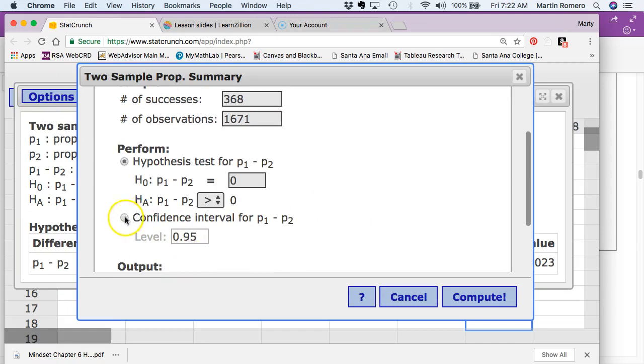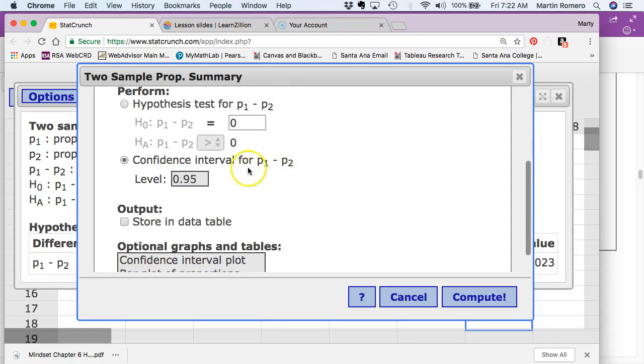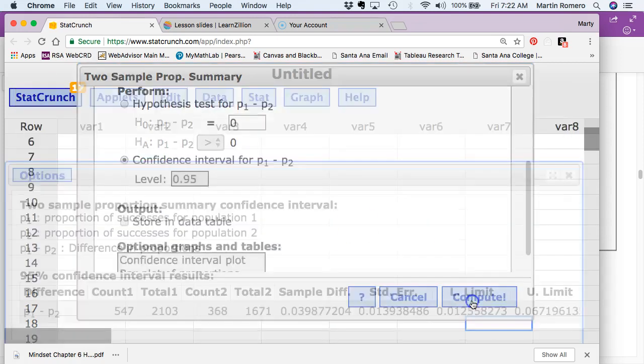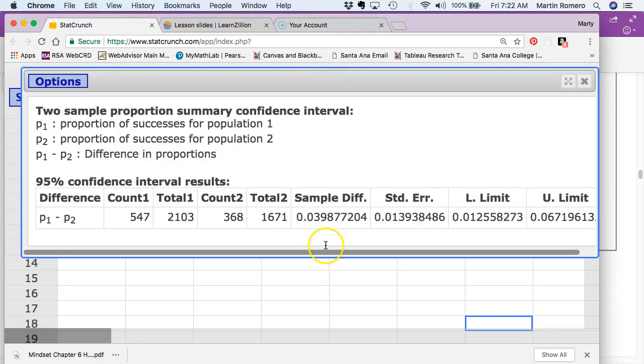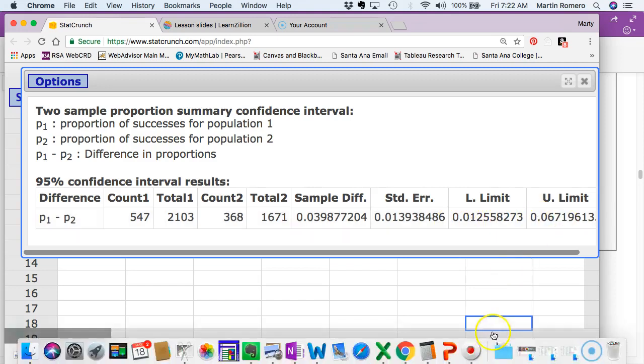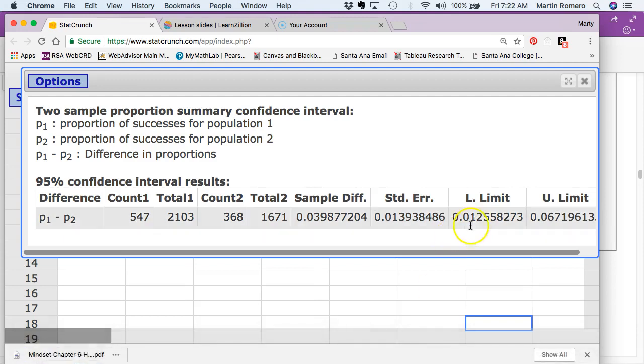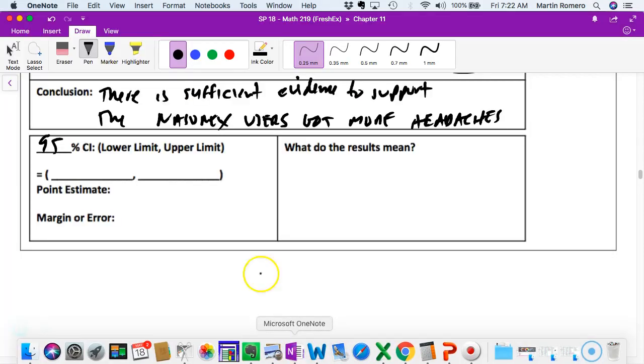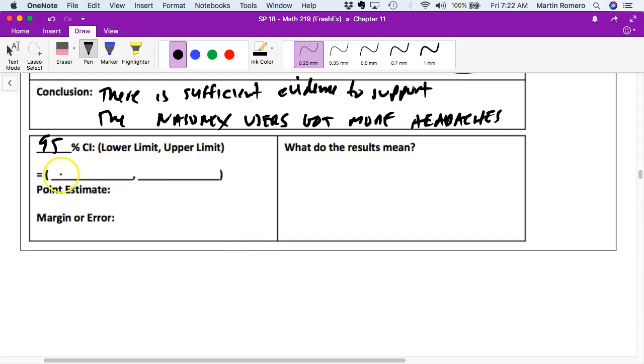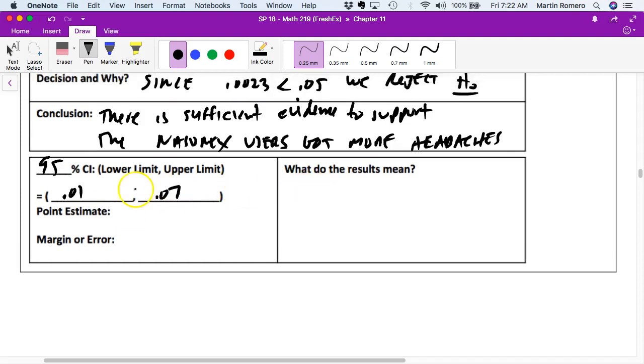Let's run a 95% confidence, comparing the two proportions, compute. That's it. And we get 0.01 to 0.07, just rounded to decimal places for now.